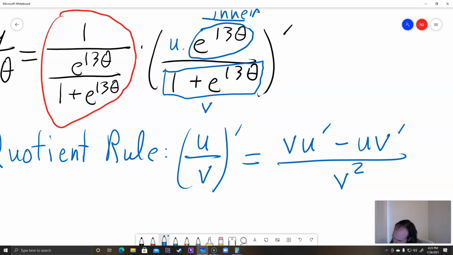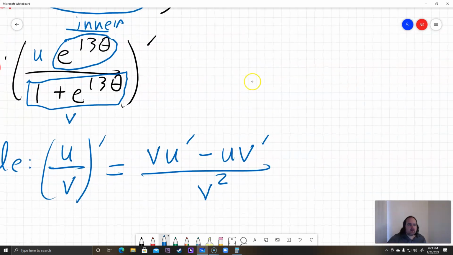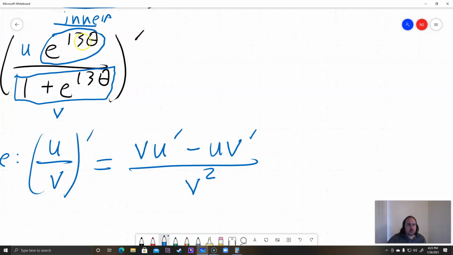Just like with the product rule, it's important to label everything in terms of u and v, calculate your u prime and your v prime on the side, and then plug everything in. So now we need our u prime and our v prime.